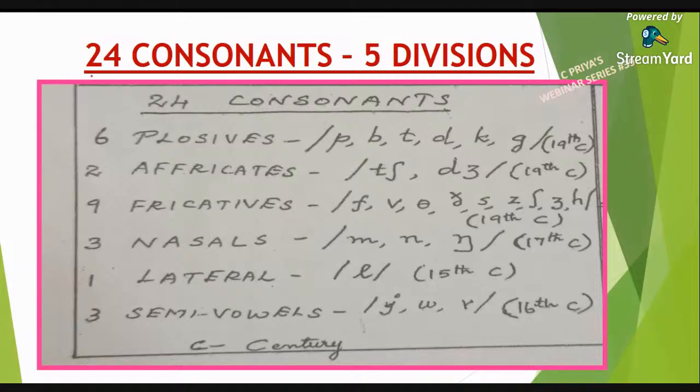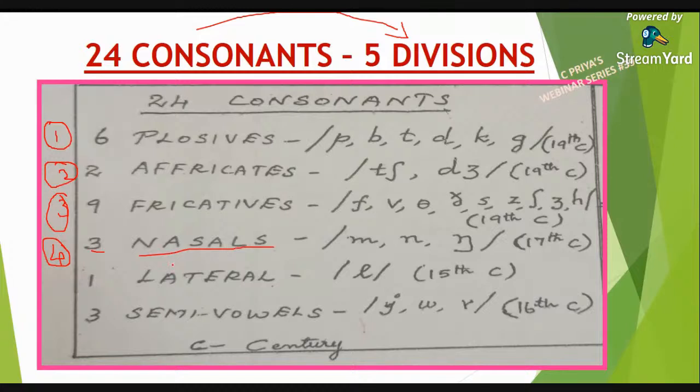Now we go to the consonants. This is important for literature students, not for all of you. The 24 consonants, but you can keep this as a reference. The 24 consonants are divided into 5 divisions. The first has 6 plosives, then 2 affricates, the third has 9 fricatives, and the fourth type has 3 nasals.